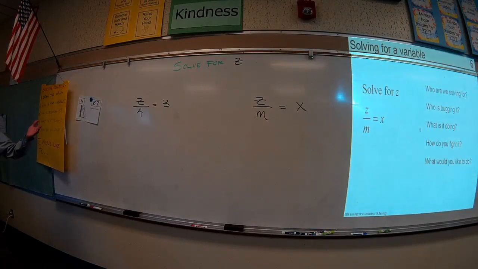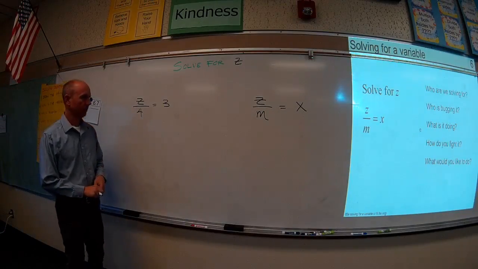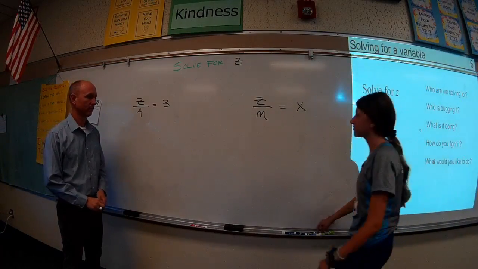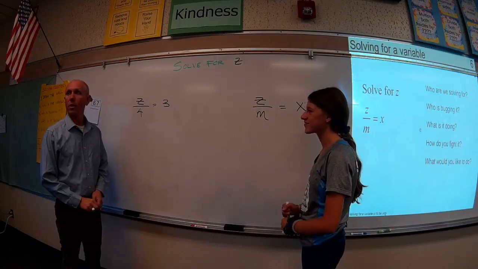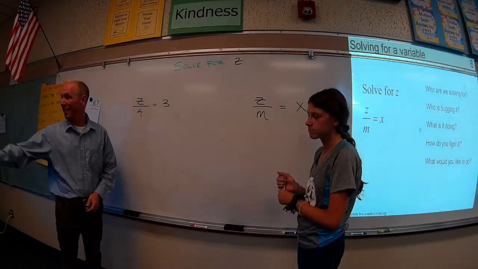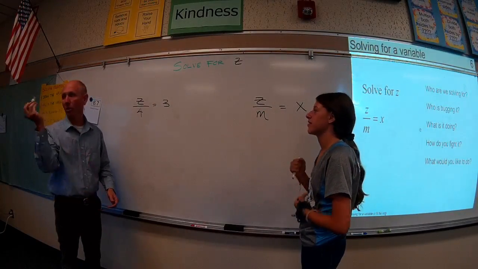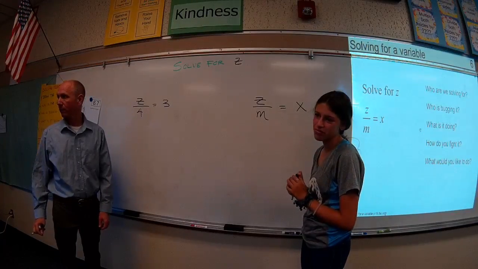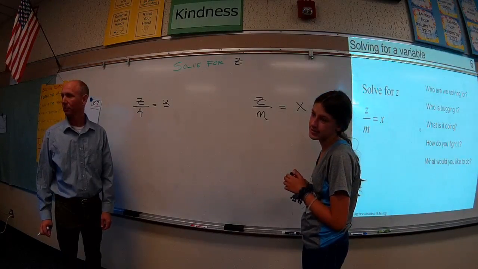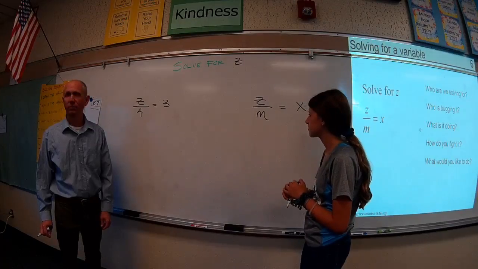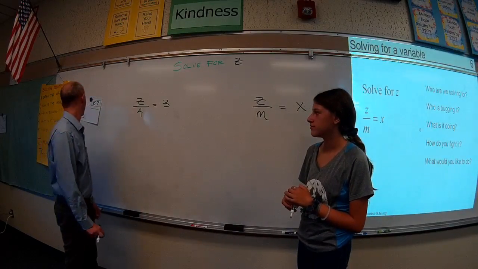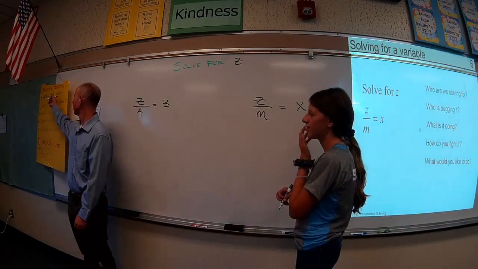Who would like to help? You've got it. Come on, Jordan. Choose a marker. But I need someone else. I need Gavin to tell us both what to do. We're just marker people. Multiply both sides by 4.